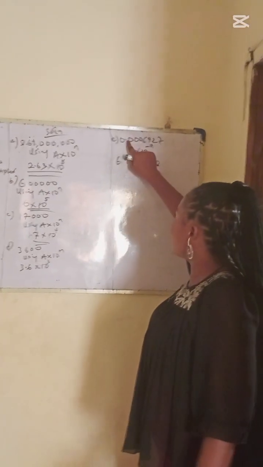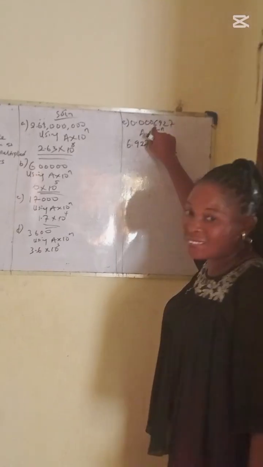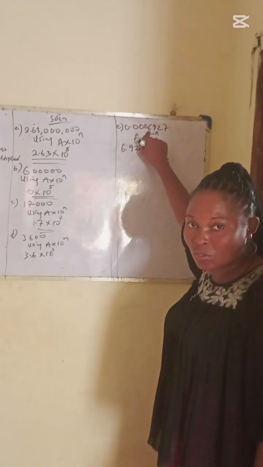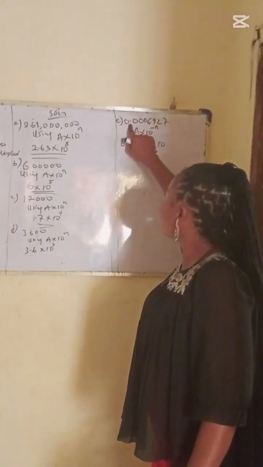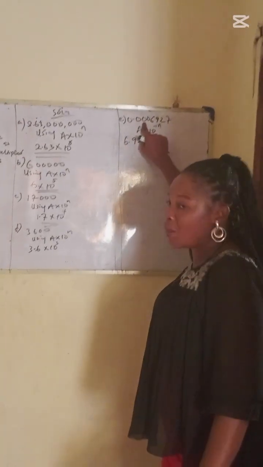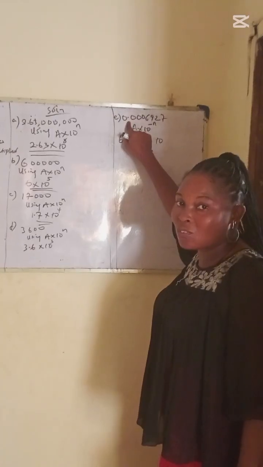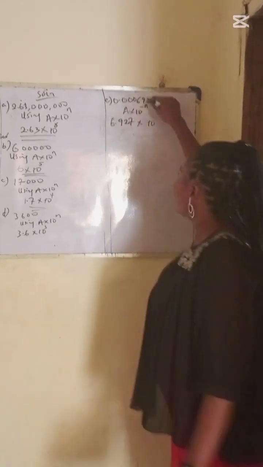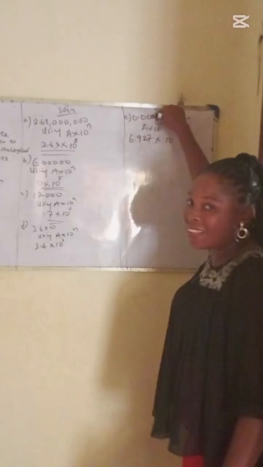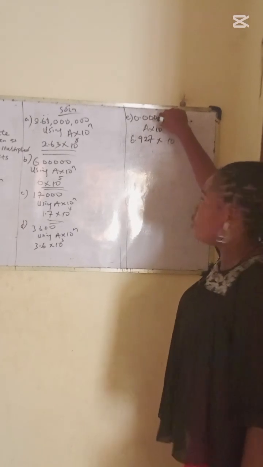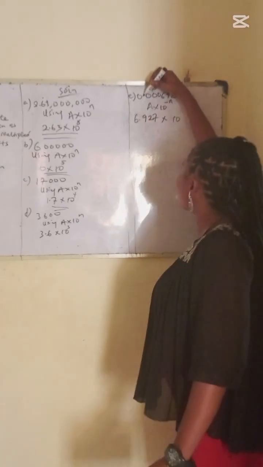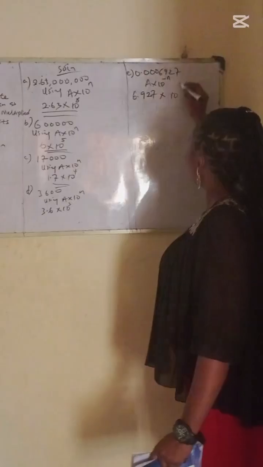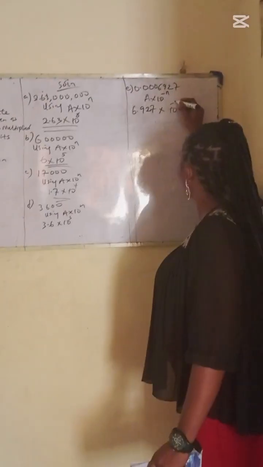You count the number of 0s without counting the first whole number in that question, using your decimal point to represent 10. So now we are going to count: 1, 2, 3, 4. So our power is going to be minus 4.